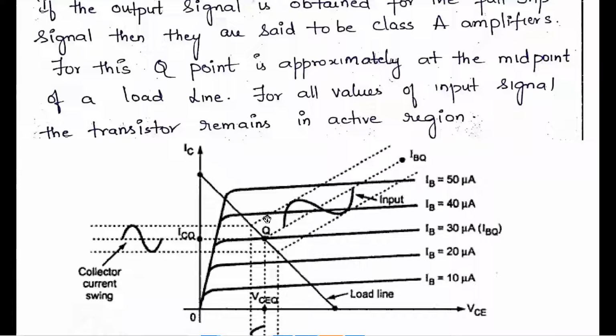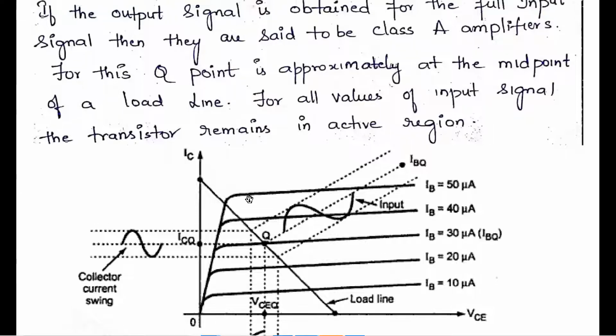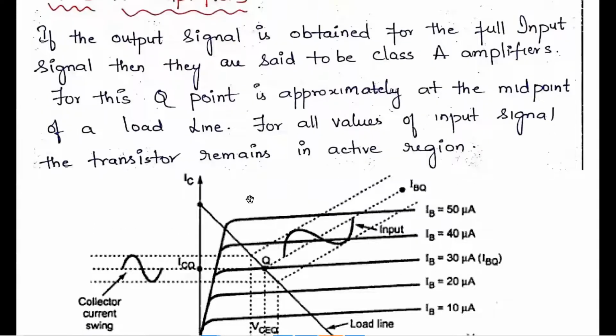How will you write? X coordinate, comma, Y coordinate. That is how you represent a point. So we are representing it as VCEQ, comma, ICQ. VCEQ, X-axis value, comma, ICQ. Q means quiescent, it represents the DC value.